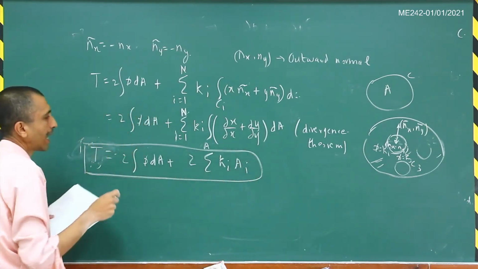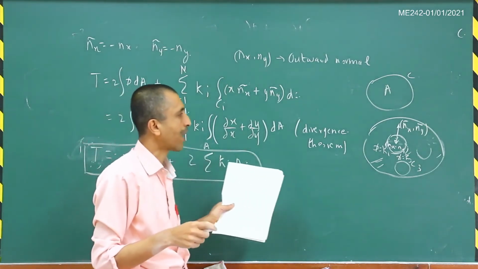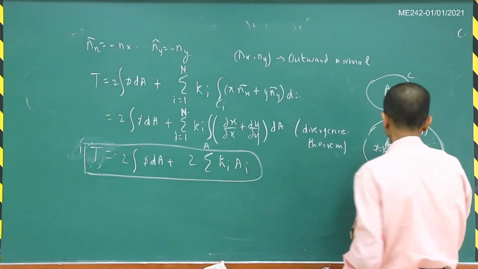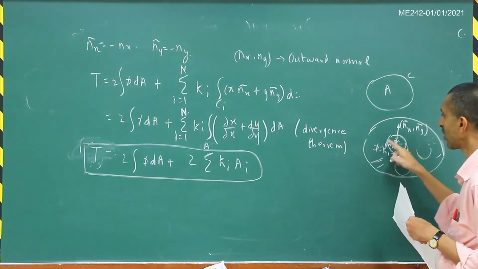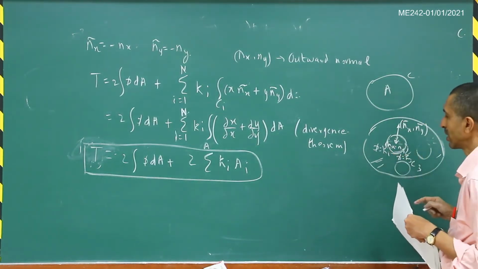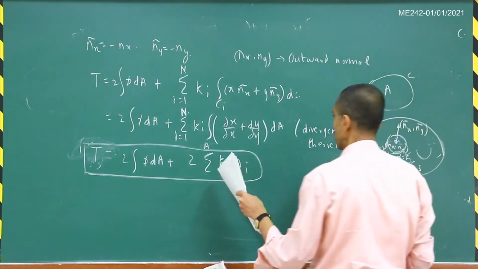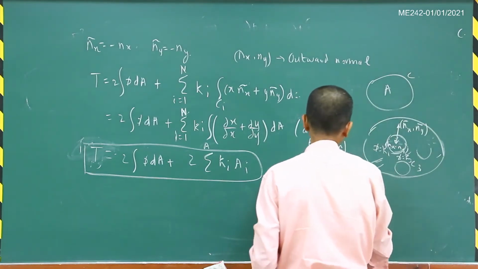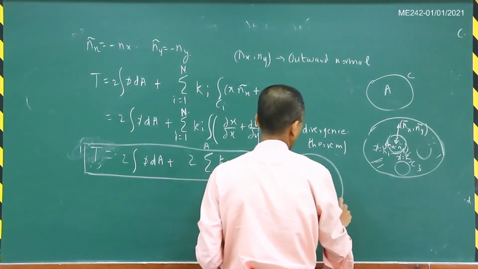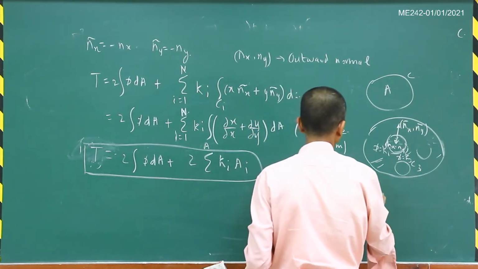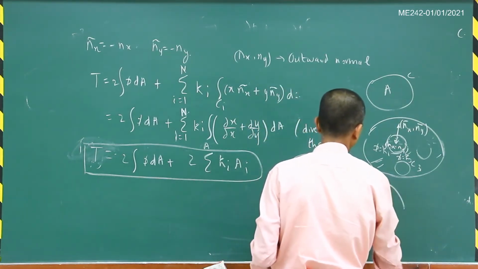So this Ki is the value of the constants here, and the Ai is the area of this particular hole. Let me just draw the picture. Suppose you have a single hole here, and now if you draw the phi function, it will look something like this.